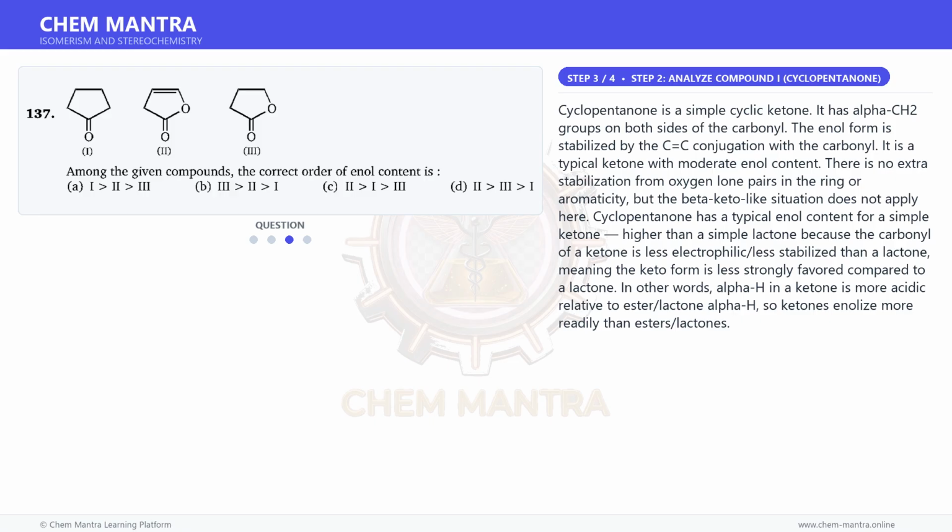Cyclopentanone has a typical enol content for a simple ketone, higher than a simple lactone, because the carbonyl of a ketone is less stabilized than a lactone, meaning the keto form is less strongly favored compared to a lactone. In other words, alpha-CH in a ketone is more acidic relative to ester or lactone alpha-CH, so ketones enolize more readily than esters or lactones.